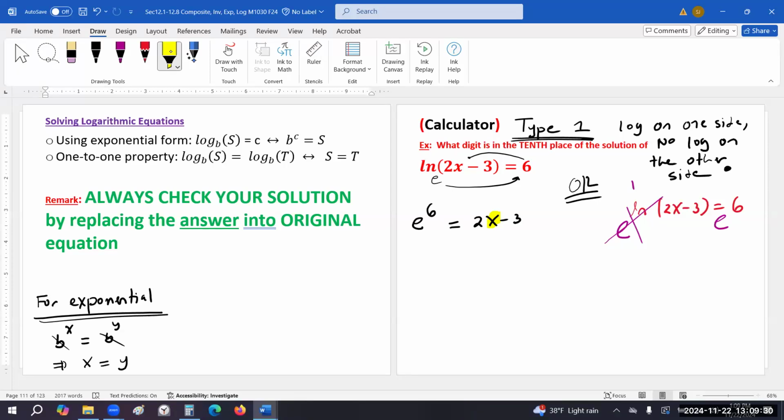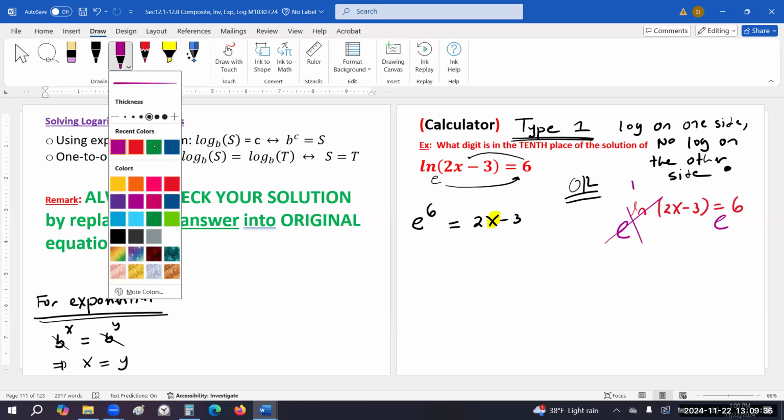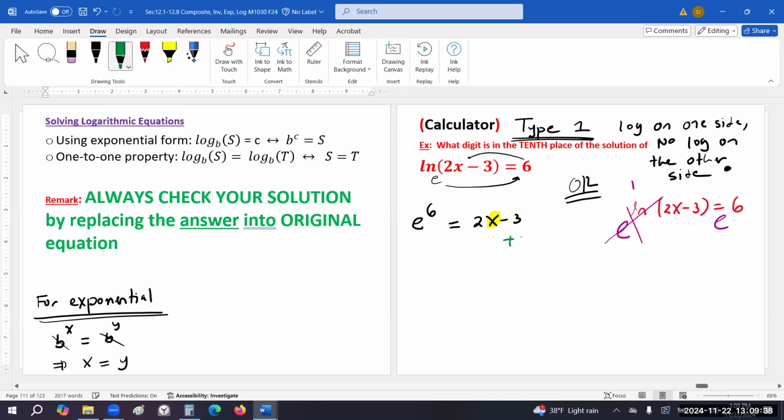So if you want to get x alone, what is our first step? Add 3. So we have 2x on one side, e to the 6 plus 3 on the other side. We cannot combine them without a calculator because we don't know what it is. Now what is our last step?